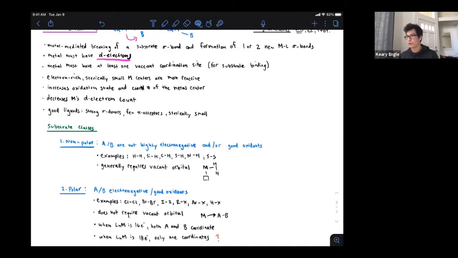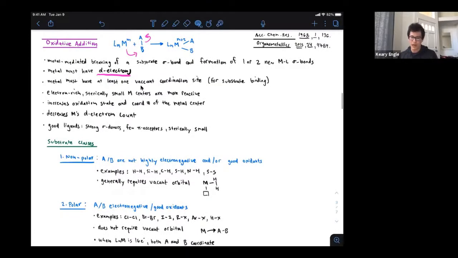And then in terms of general features, because of the way I've depicted this, you have electron density flowing off of the metal. The metal is getting oxidized and the organic ligand is getting reduced. This is more facile when the metal is more electron rich.